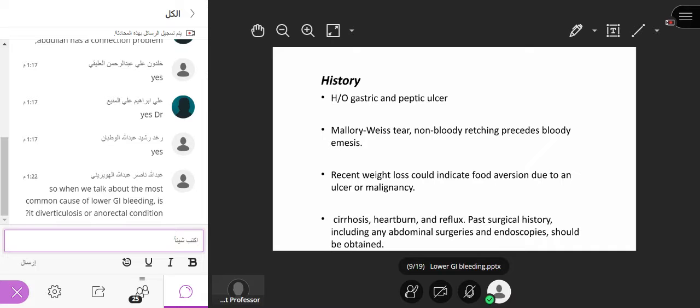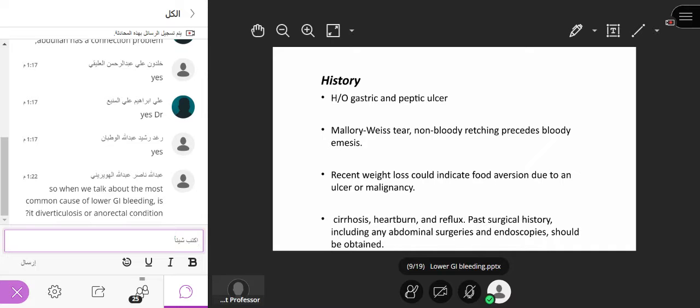And you have cirrhosis, alcohol history, hepatitis C infection history, or interferon history, or all the liver stigmata of cirrhosis. This will lead to variceal formation, esophageal varices, and they may bleed very easily. So ask about cirrhosis, heartburn, and reflux because of GERD.